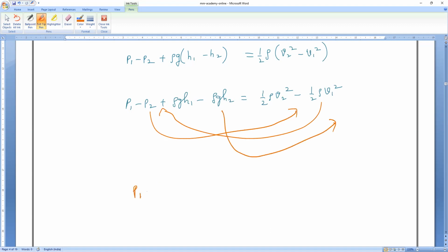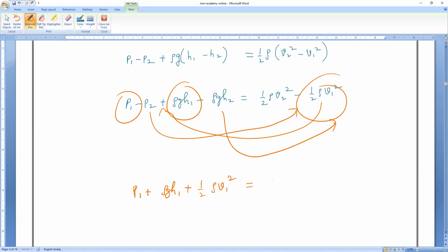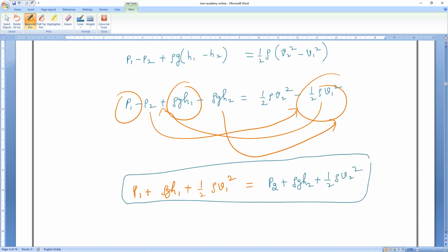So what will happen? P1 plus rho GH1 plus half into rho V1 square equals P2 plus rho GH2 plus half into rho into V2 square. This is what we call Bernoulli's equation.